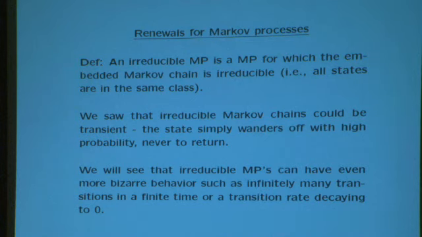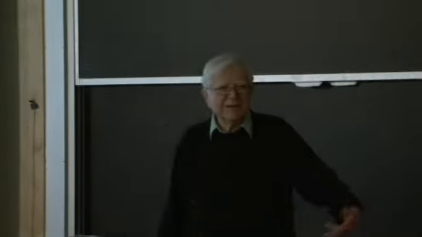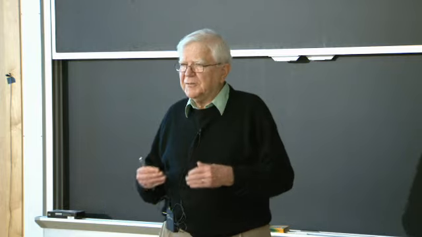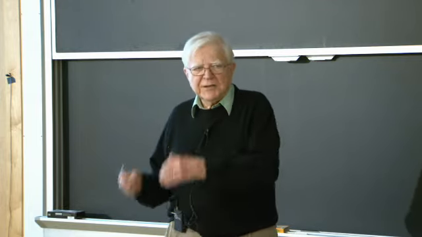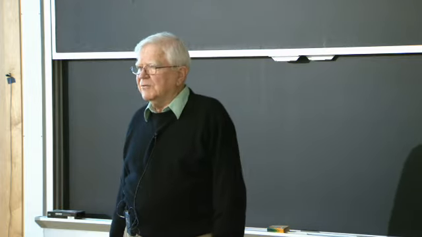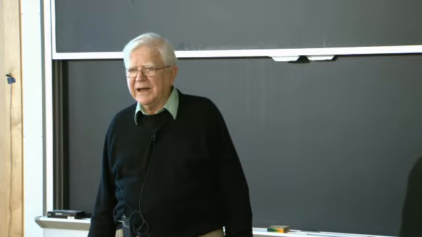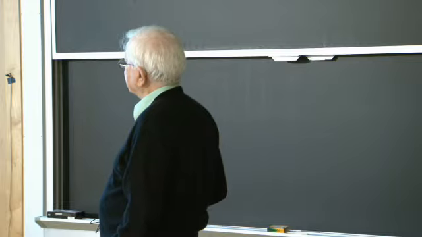And as usual, Poisson processes give you the easy way to look at a problem. Markov chains give you the way to look at the problem when you'd rather write equations and think about it. And renewal theory gives you the way to look at the problem when you really are a glutton for punishment and you want to spend a lot of time thinking about it. And you don't want to write many equations.